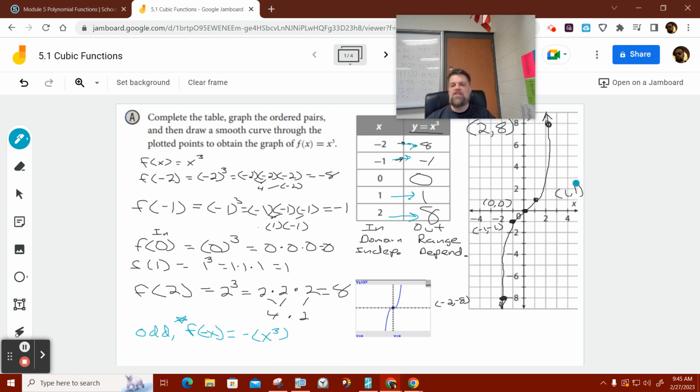Also, odd functions have symmetry about the origin. So write this down in your notes somewhere. Just put symmetrical about the origin.